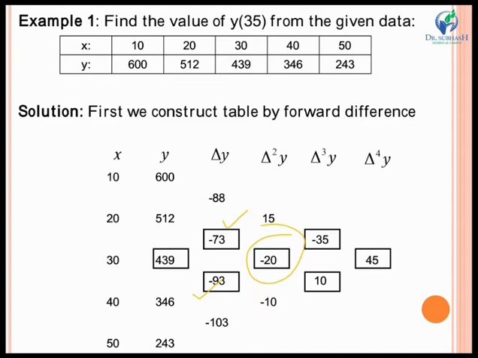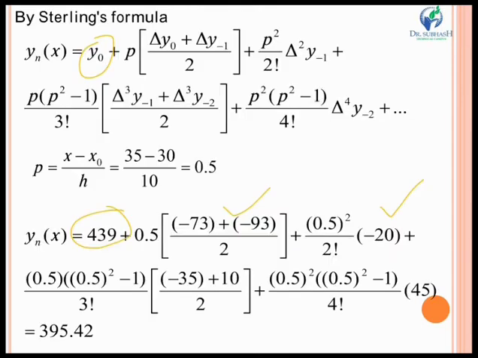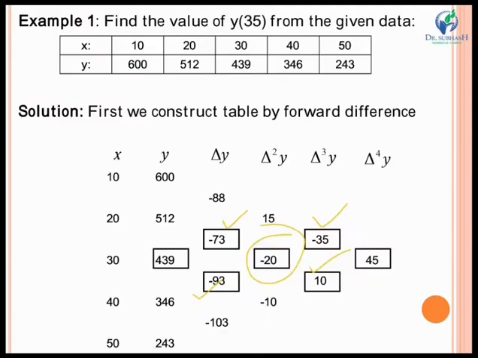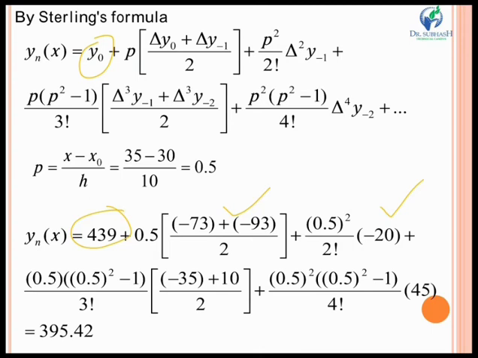Next again we will take the average, minus 35 minus 10 by 2, plus 10 by 2, we are taking the average. Okay, again the last value is 45. So we have substituted all the values over here, and on simplifying this you get 395.42 as your answer of y of 35 using Stirling's central difference formula.